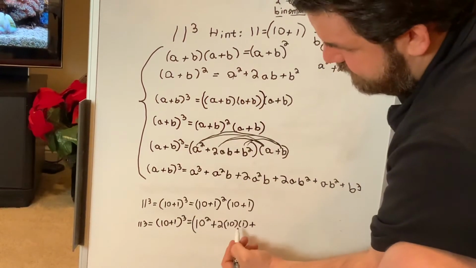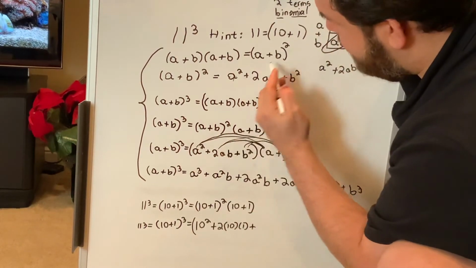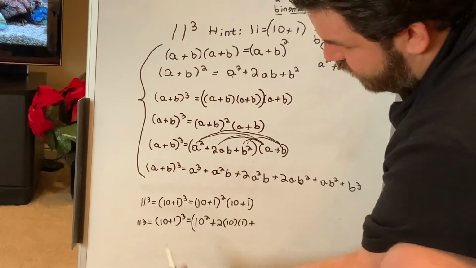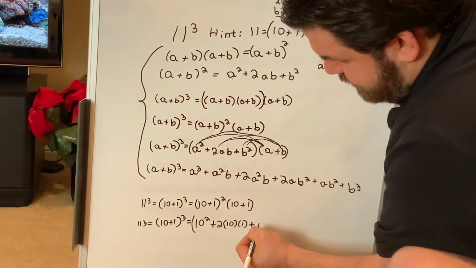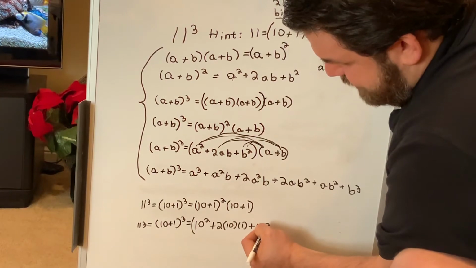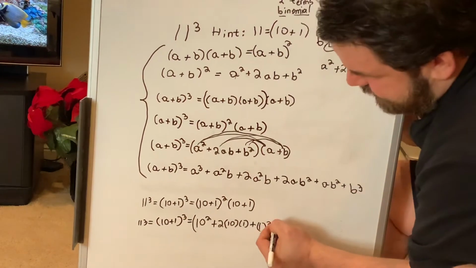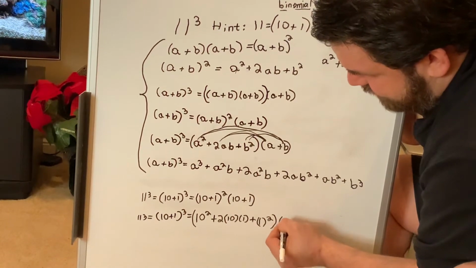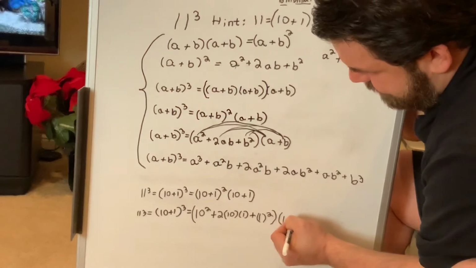Well, the b here is 1, so it's going to be 1 squared. And then we're going to close off those parentheses, and then we're going to write 10 plus 1.